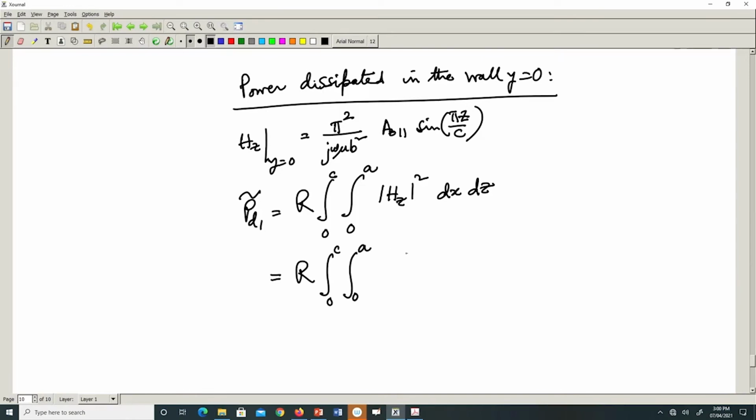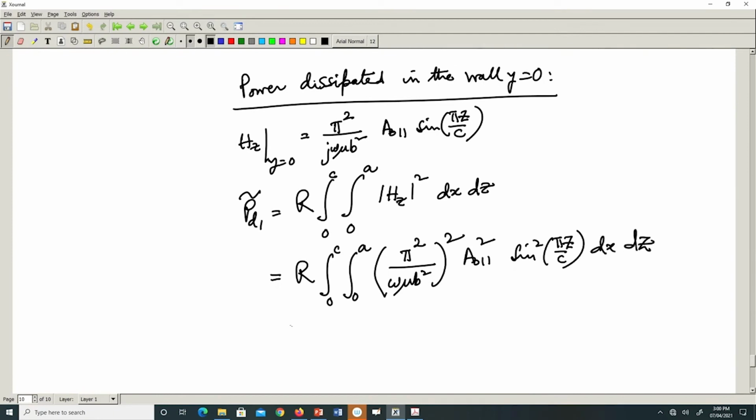That is R integral 0 to c, 0 to a, pi square by omega mu b square whole square a 0 1 1 square sin square pi z by c dx dz, and that is evaluated to be R pi to the power 4 a 0 1 1 square a c divided by 2 omega square mu square b to the power 4.